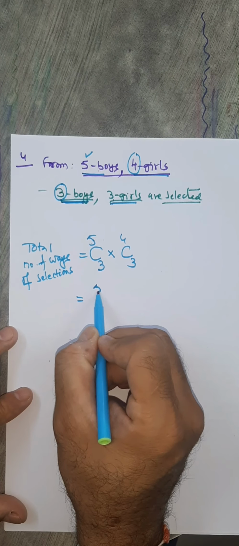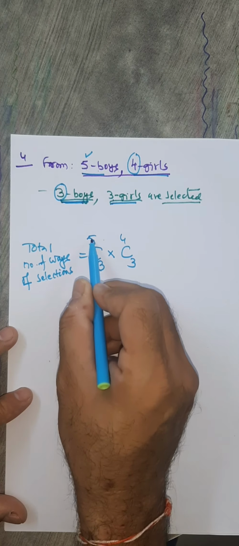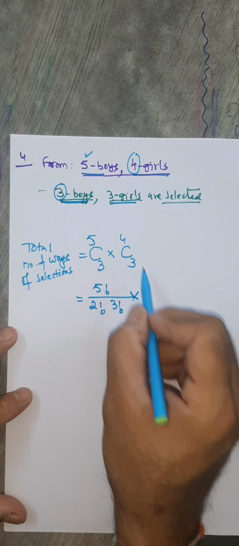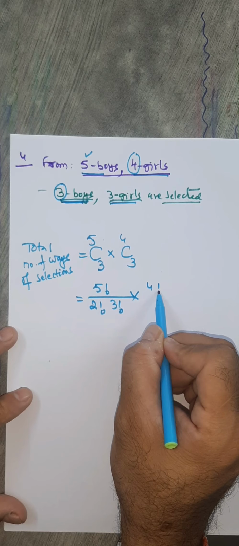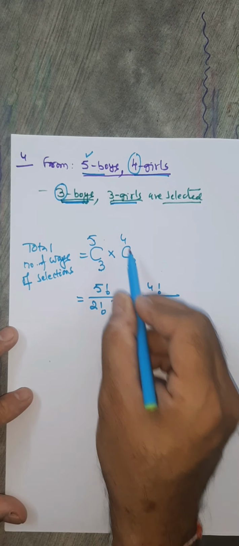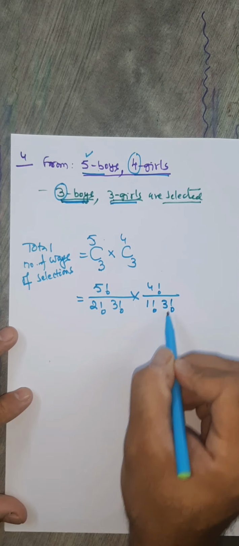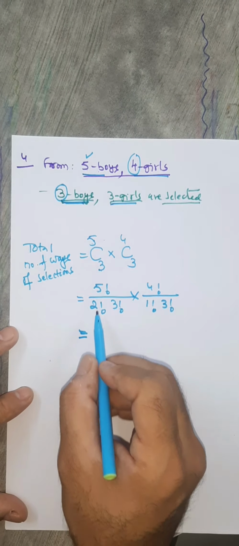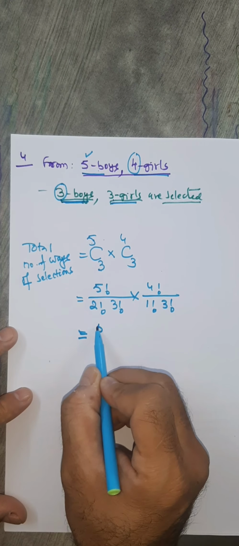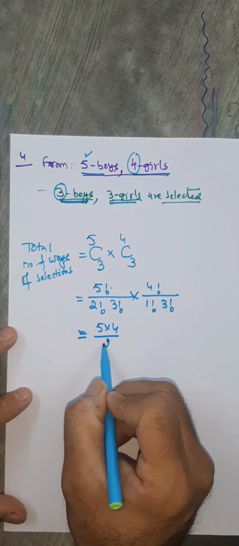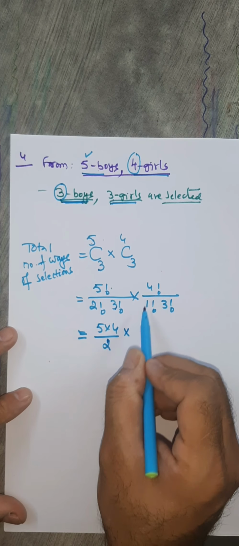Now we'll simplify using the formula. 5 factorial upon 5 minus 3, 2 factorial into 3 factorial. 4 factorial upon 4 minus 3, which is just 1 factorial, and r factorial, that's just 3 factorial here. Now this is 5 into 4 into 3 factorial, that will get cancelled with this 3 factorial, and here your 2.